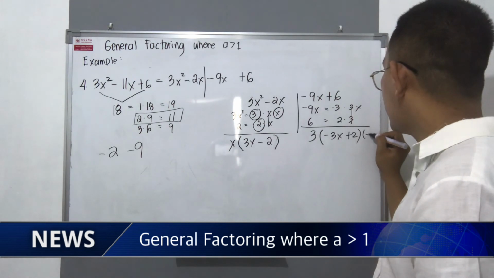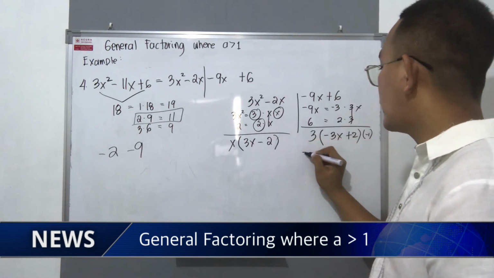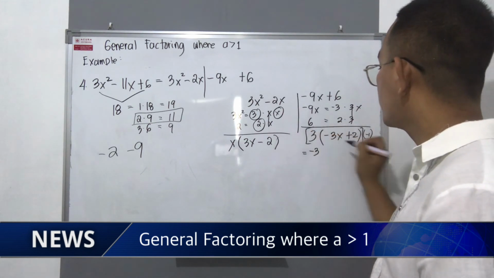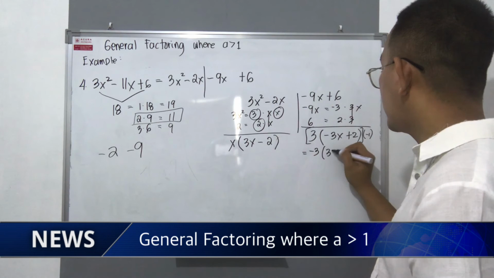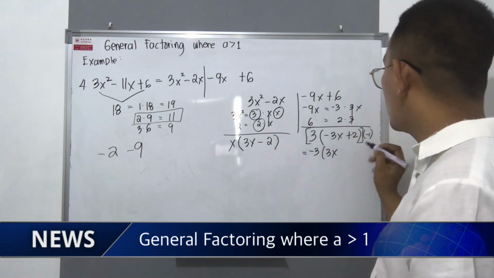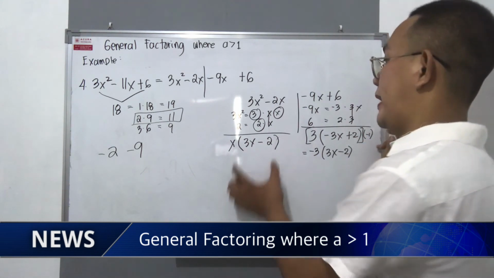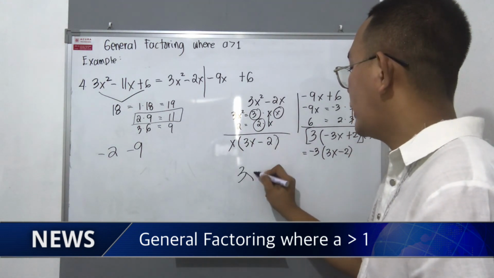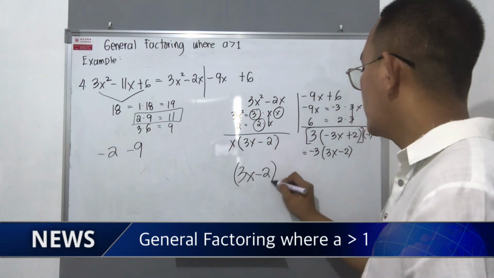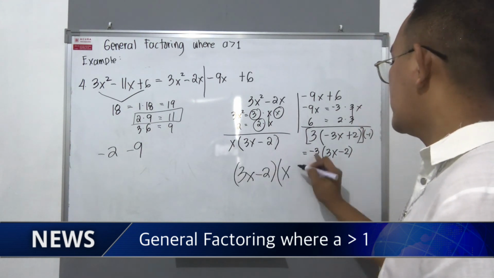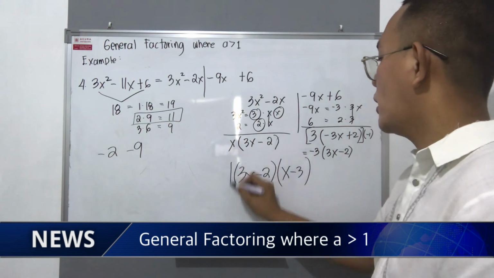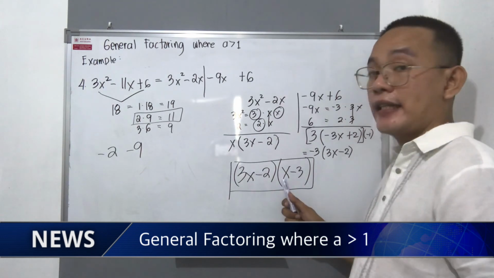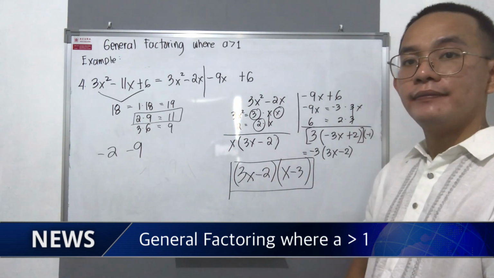I-multiply natin to by negative 1. Negative 1 times 3 equals to negative 3. Negative 1 times negative 3x equals to positive 3x. Negative 1 times positive 2 is equals to negative 2. Parehas na, 3x minus 2 times 3x minus 2. Now, so first factor natin is 3x minus 2. Then, x, since negative, minus 3. So, ito na ngayon yung ating factored form. 3x minus 2 times x minus 3.